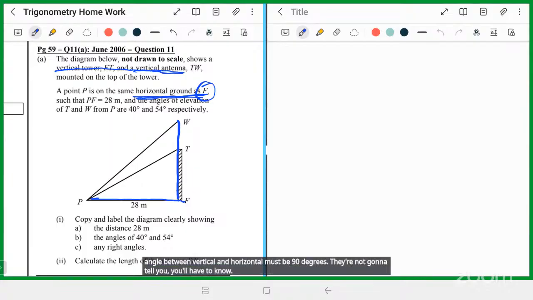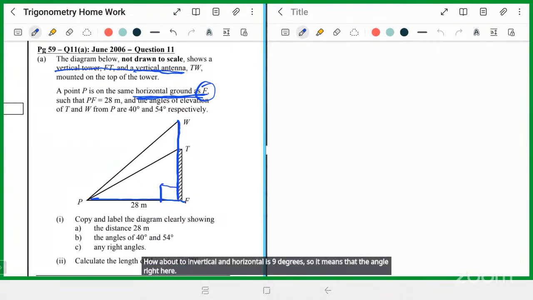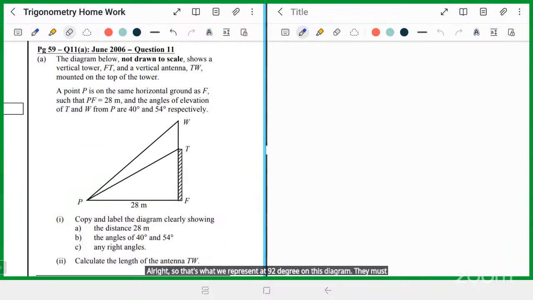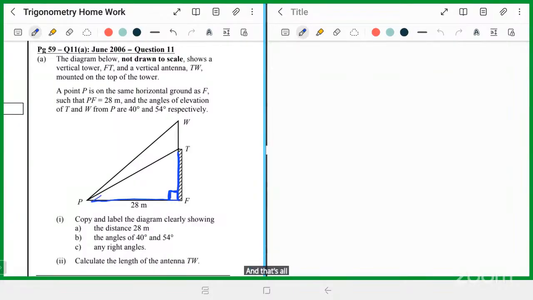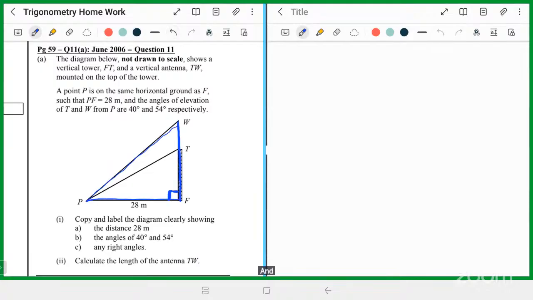So the angle right here is 90 degrees. And you represent a 90 degree angle with a square in the corner. You must know that by now. Because we have a vertical tower and a horizontal ground, I already know that I have a right angle there. And that's how we confirm that we're working on a right angle triangle, a small one and a larger one. Both of them have the same right angle there in the corner.